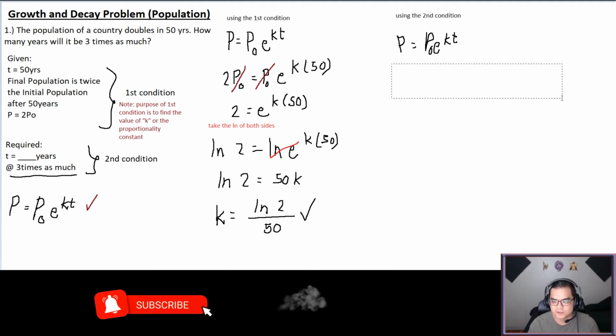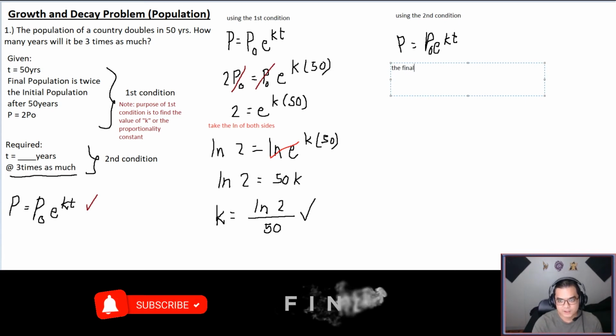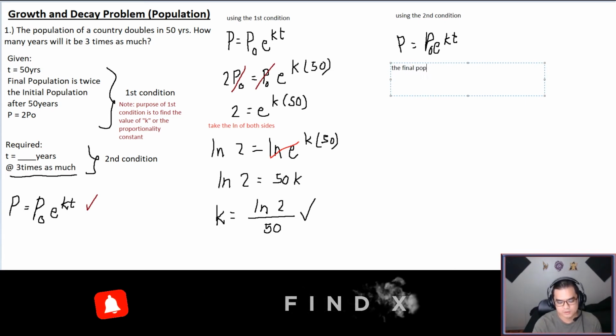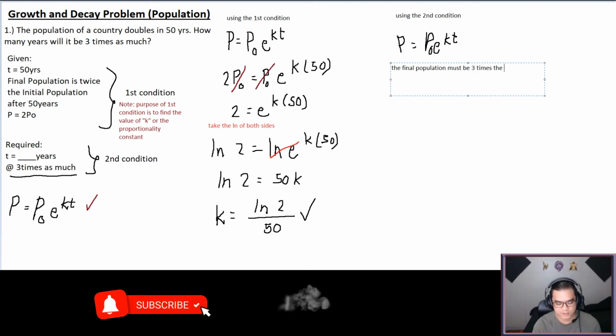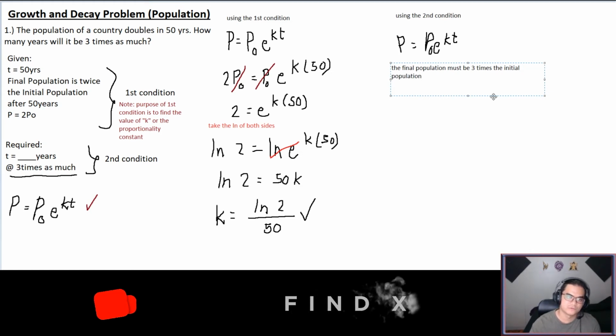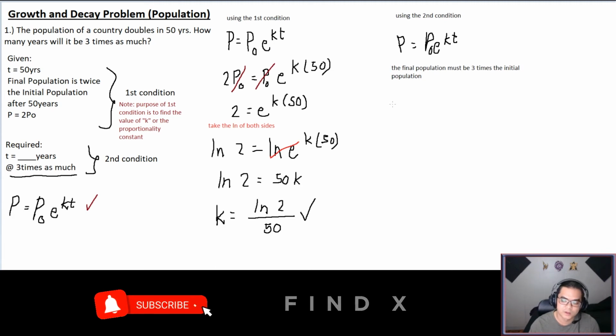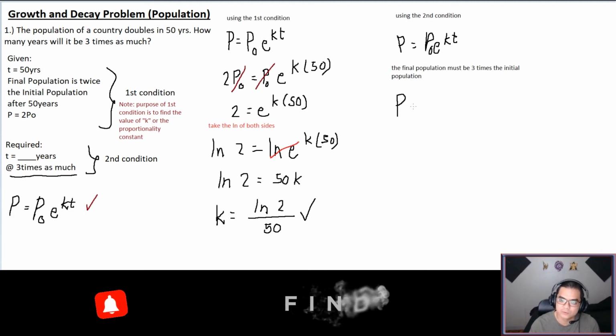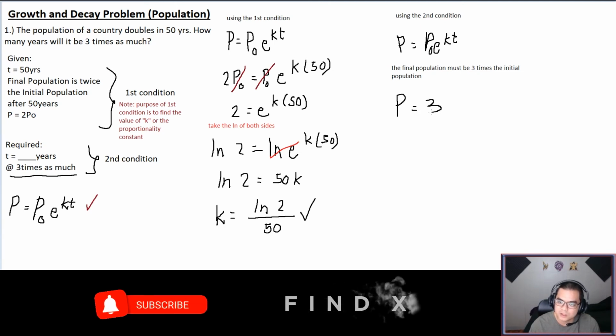We can say here that the final amount or final population must be three times the initial population. Now, if you will make that an equation, you'll have your final population, which is P, must be equal to 3 times the initial amount, which is P₀.